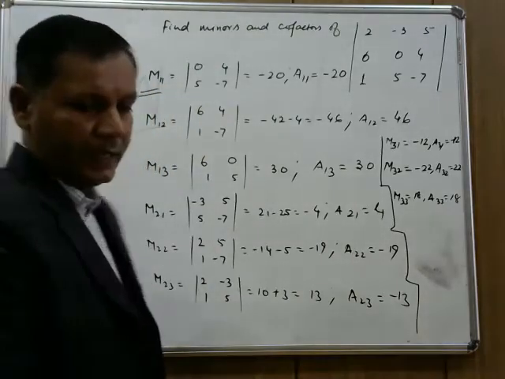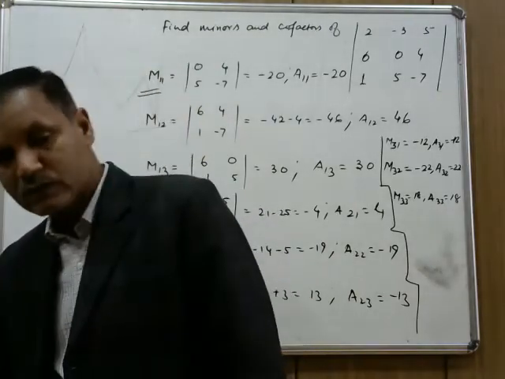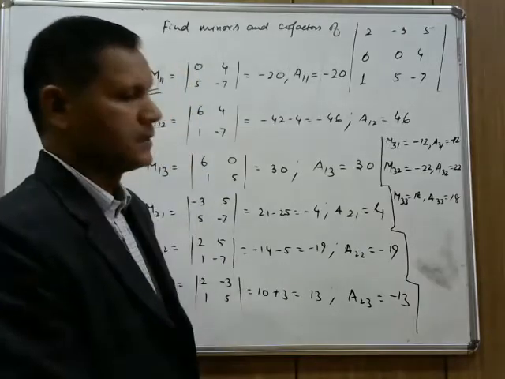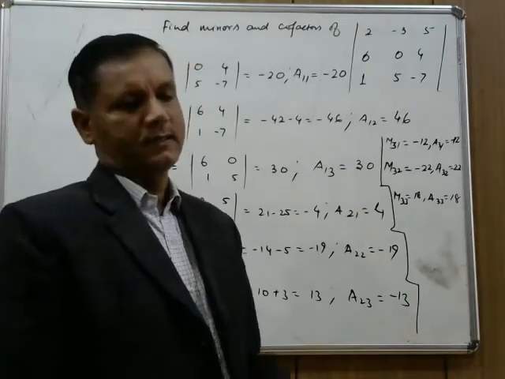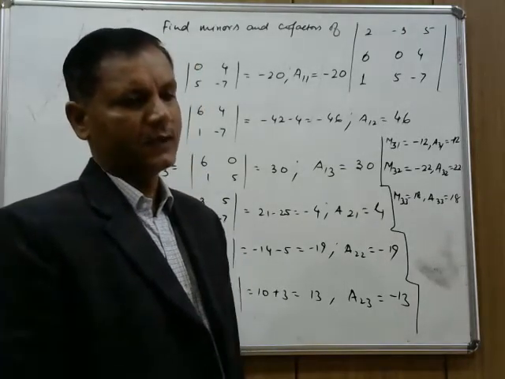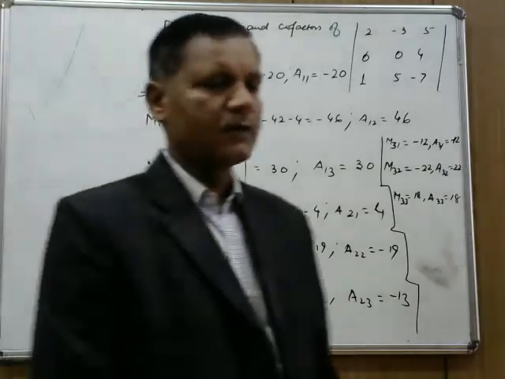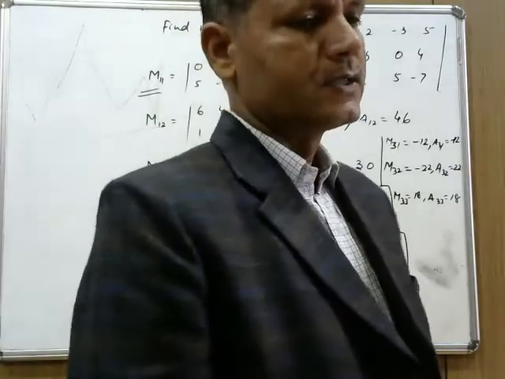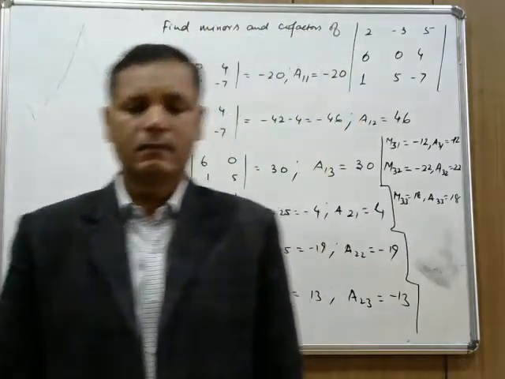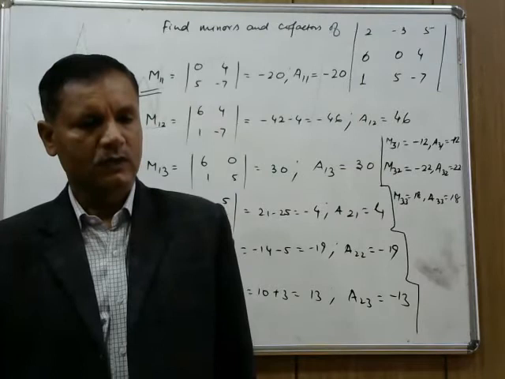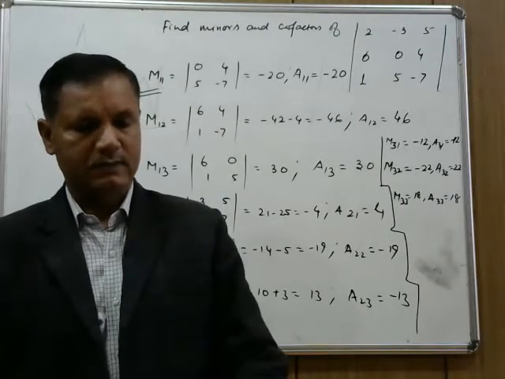Okay. And if I get the transpose of these cofactors, it is called adjoint. That's why ultimately we come to the conclusion of how to find out the adjoint of a given matrix.